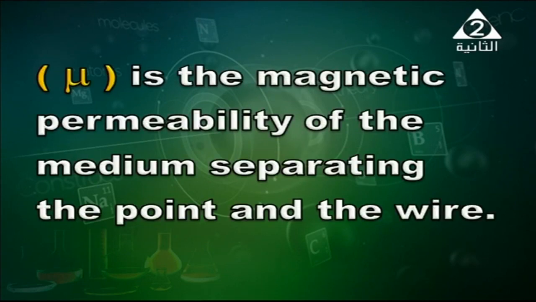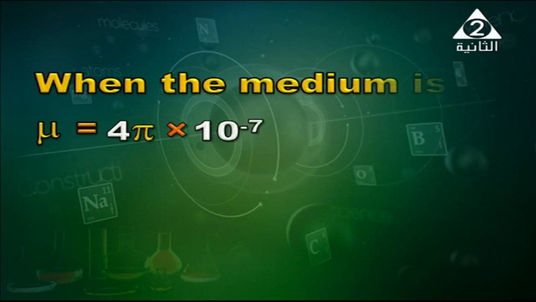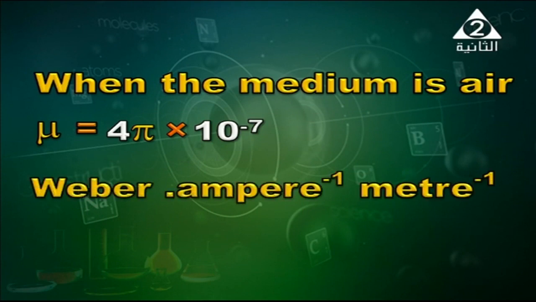Mu is the magnetic permeability of the medium separating the point and the wire. If the medium is air, mu equals 4 pi times 10 to the power of negative 7 Weber ampere negative 1 meter negative 1.